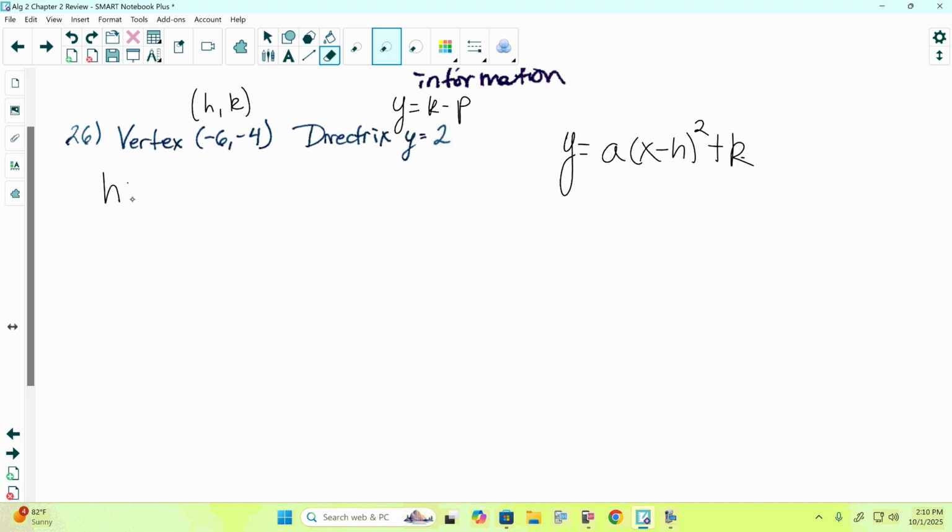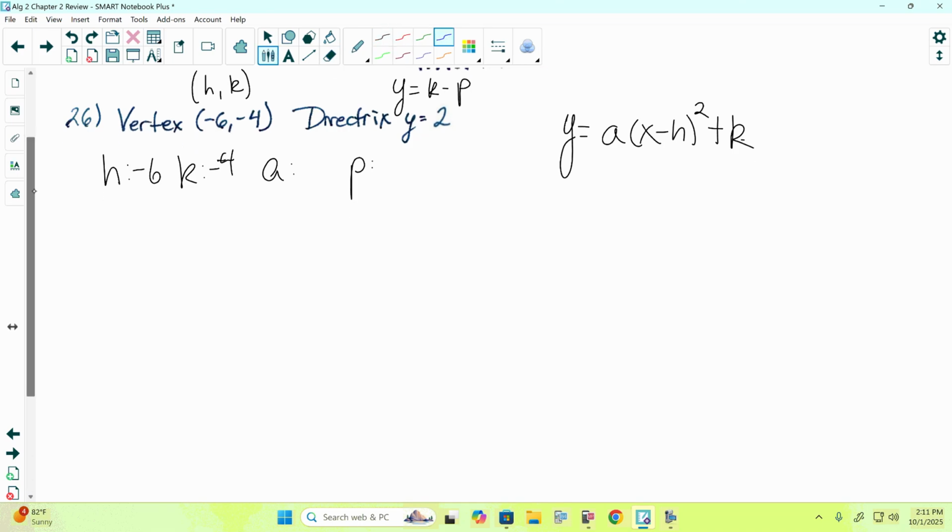Just like all of these that are a similar type, we need to find the values of h, k, a, and p. Now, h and k are given to us by the vertex. H is -6, k is -4. We don't know what p is yet.